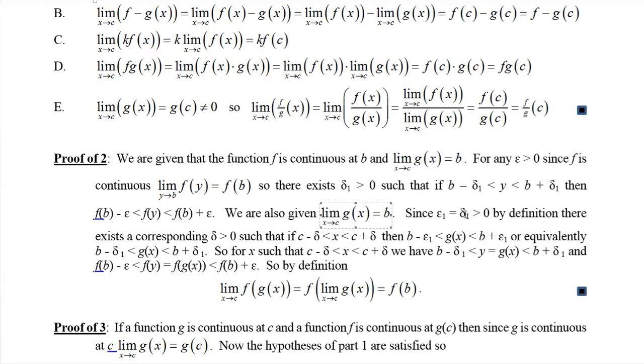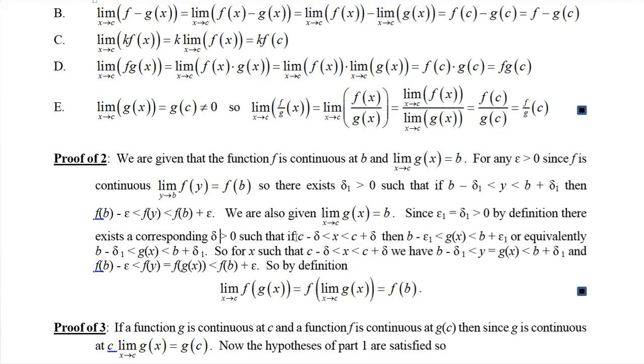For that positive number, that particular epsilon, which was our delta up here, there exists a corresponding delta. That's the delta we're going to need overall, such that if x is between c minus delta and c plus delta, then g of x is between its limit, b minus epsilon 1, and b plus epsilon 1.